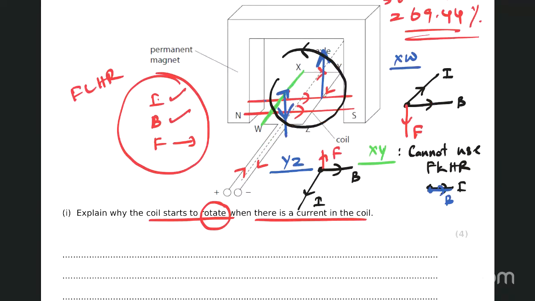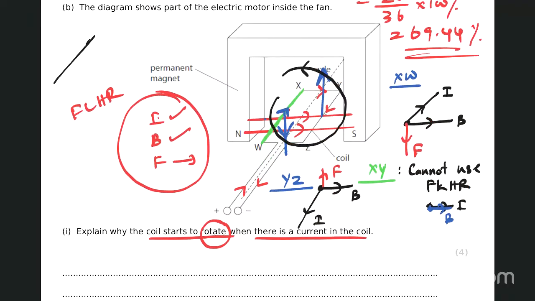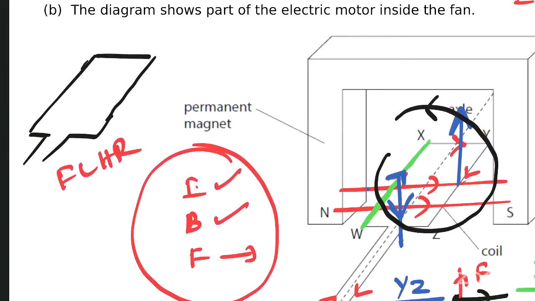Sir, can you explain how that coil turns that side? Yeah. So here we can see the coil is something like this, right? So there's a force being applied in this direction and there's another force being applied in this direction. But here, this is the rotating axis.